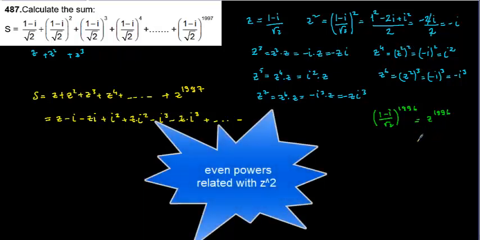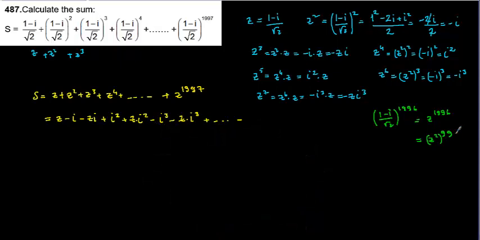So this term is going to be equal to z squared to the power of 998. It's equal to minus i to the power of 998.